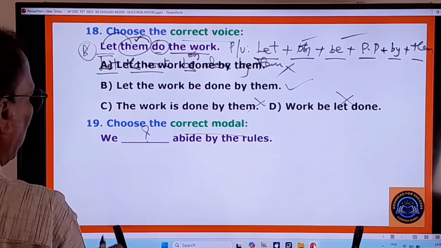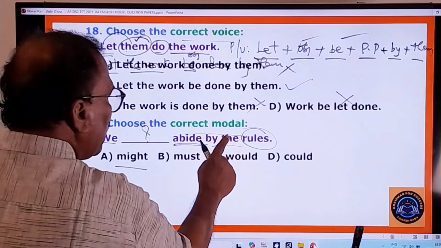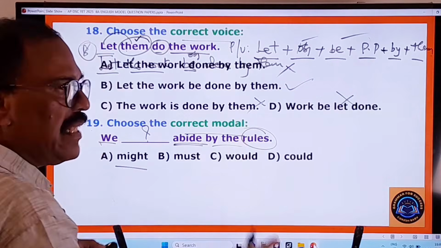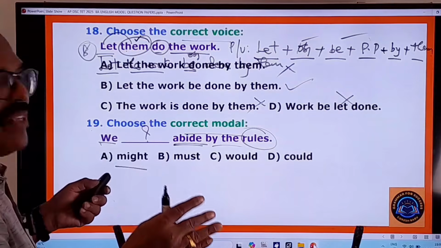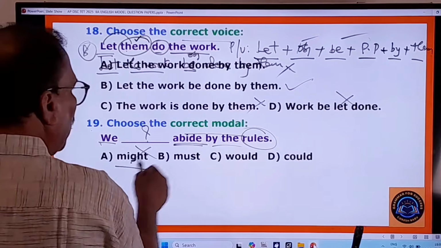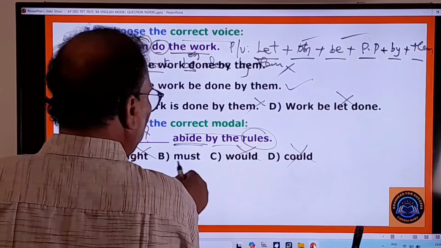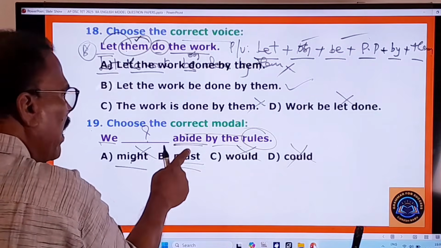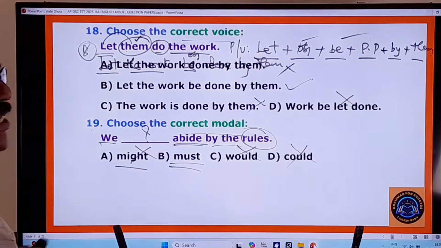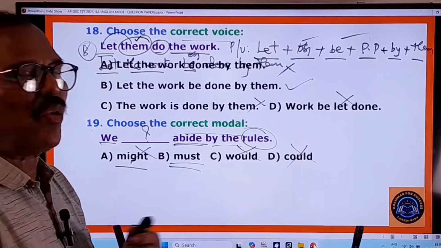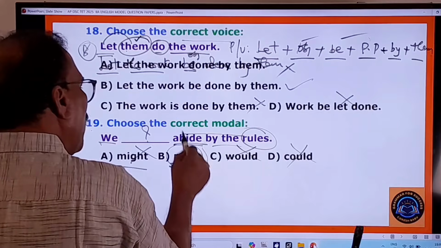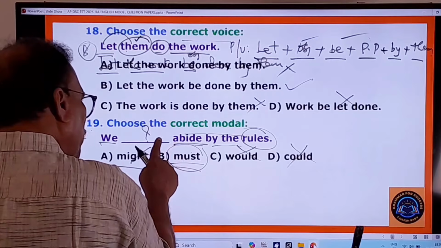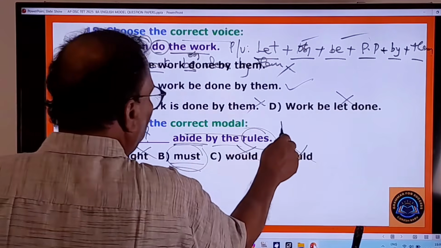When you look at the sentence, it tells us that the action must be done. Therefore, might is not used here, would is not used here, could is not used here, but only must. That's why we say we must abide by the rules. There is no escape for us. We must obey the rules. Therefore, B is the right one.